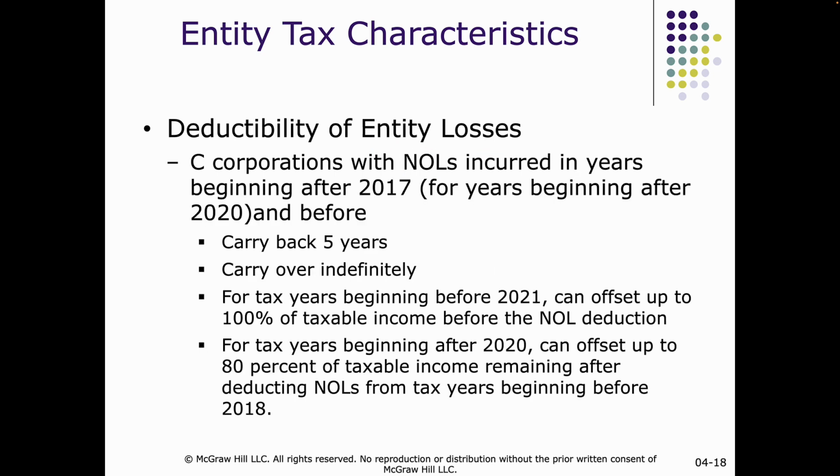For C corporations with a net operating loss that is incurred in years beginning after 2017 and for years beginning after 2020, now you can carry back your losses 5 years, you can carry over indefinitely, and for the tax years that begin before 2021, you can offset 100% of that taxable income before the net operating loss deduction. Now for tax years after 2020, you can offset 80% of your taxable income that is remaining after you're deducting your net operating losses from those tax years that began before 2018.